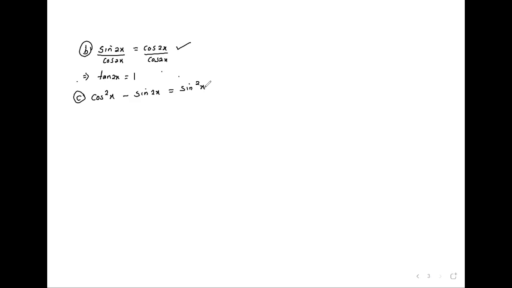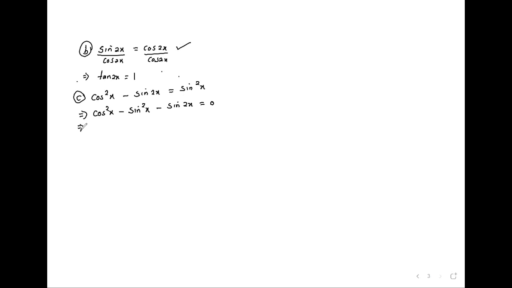Now, if you look at question 8, A and B, it was giving us the options on how to get the split of the identities of cos and sine. So we're going to rearrange this question to be in this form. And then here we have sine 2x equal to 0.